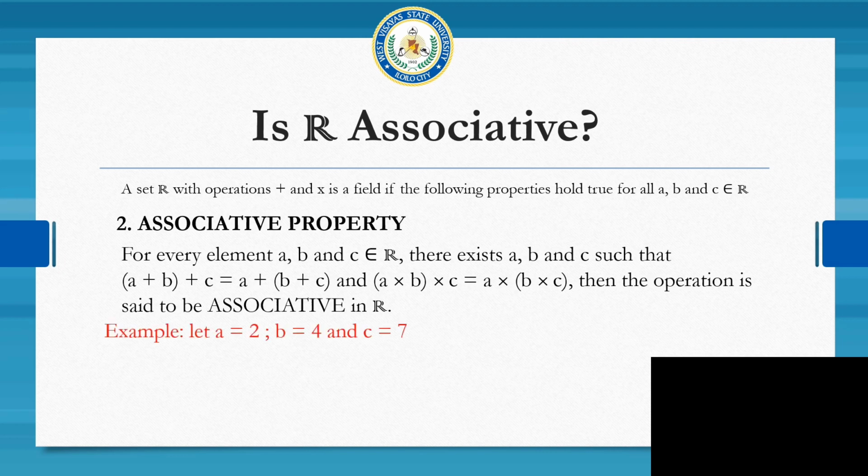For example, if we let A equals 2, B equals 4, and C equals 7, let us find out if the associative property holds true in this example.